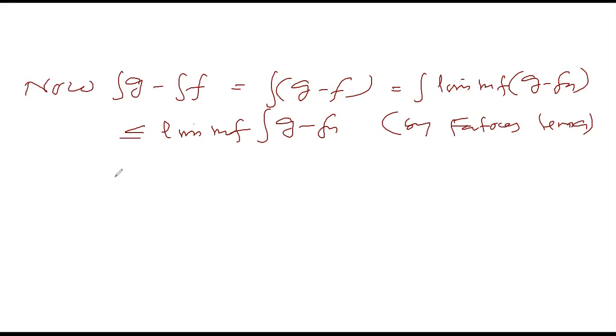Now this is equal to integral of g minus integral of fn. Then you can apply the limit separately: limit inferior of integral of g plus limit inferior of integral of minus fn. This will be equal to minus times limit superior of integral of fn, because limit inferior of minus fn is equal to minus times limit superior of fn.